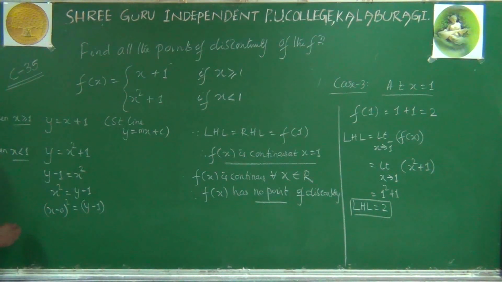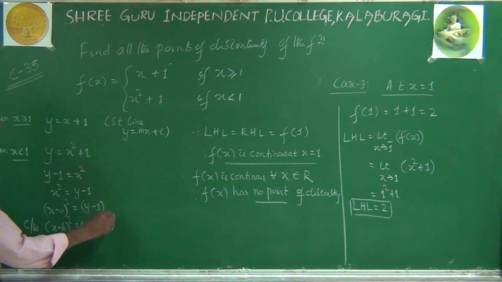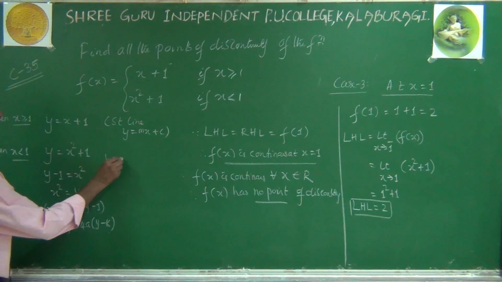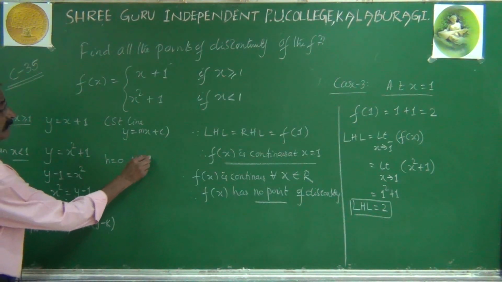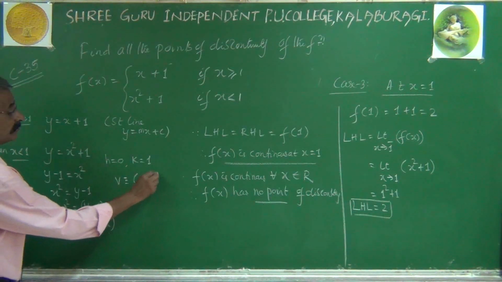Comparing with the parabola with vertex at (h, k), x minus h whole square equal to 4a into y minus k, h becomes 0 and k becomes 1. Therefore the vertex of the parabola is (0, 1).